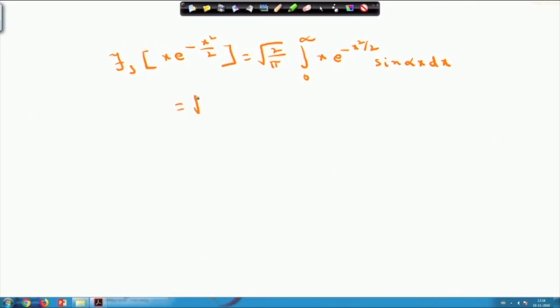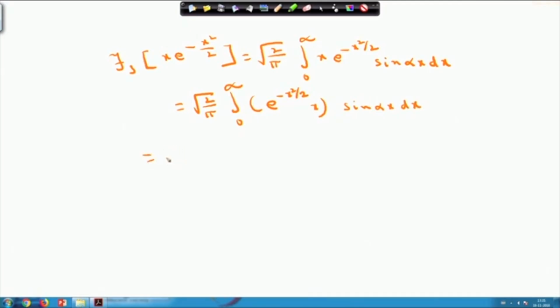So, root over 2 by pi will be outside, 0 to infinity. I can write it as e^(-x²/2) into x within brackets, into sine of αx into dx.